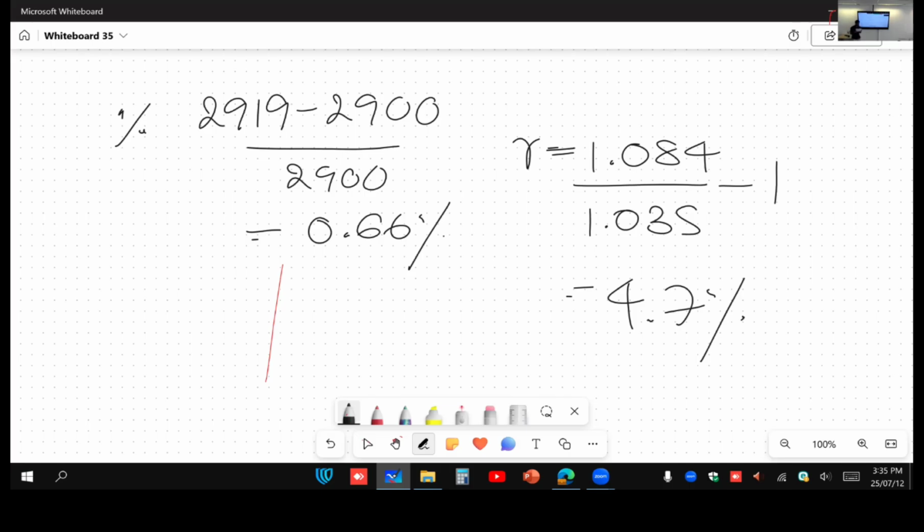Share price index represents change in money value, which is 0.66%. Inflation is 2.3%.